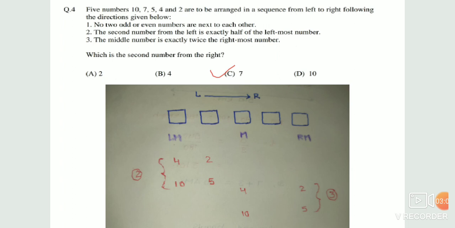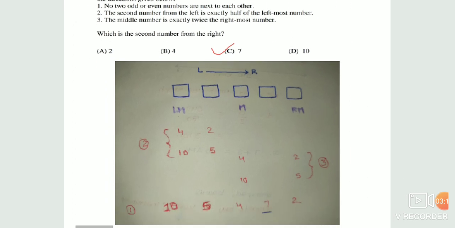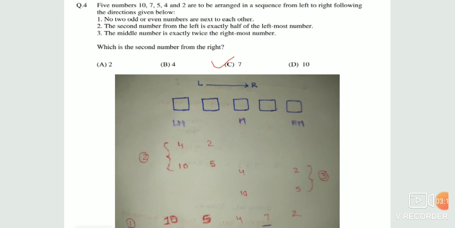See once, the second number from the left is exactly half of the leftmost number. This is the second number from the left and this is the leftmost number. He is telling that the second number from the left is exactly half of the leftmost number. Means leftmost number divided by 2 is equal to the second number.